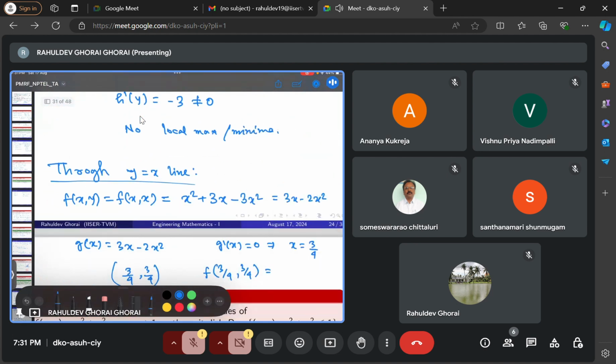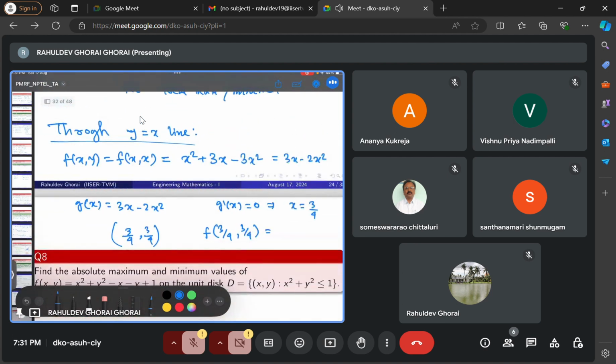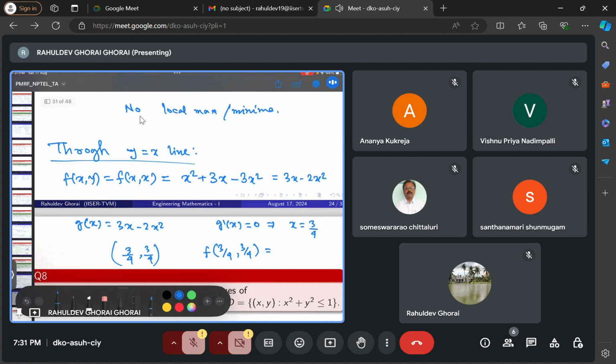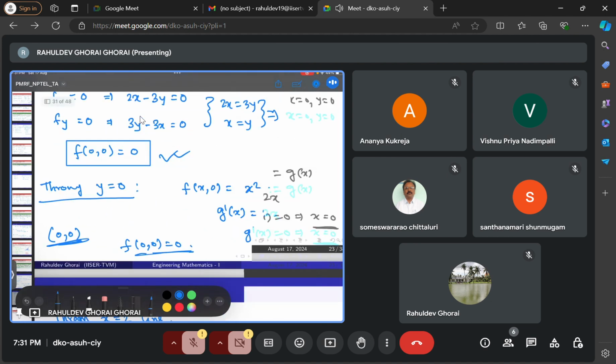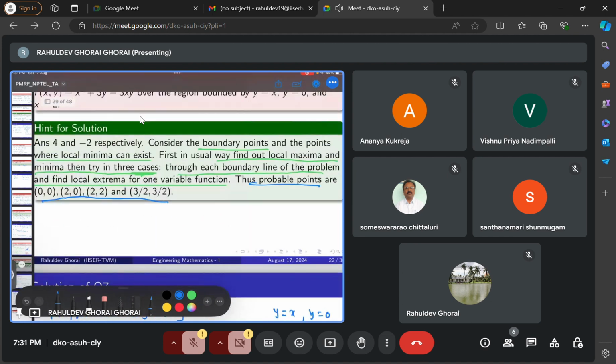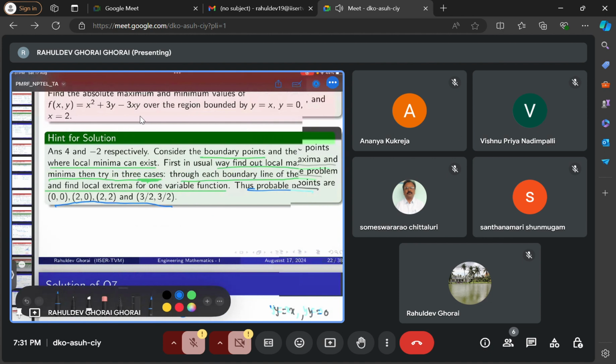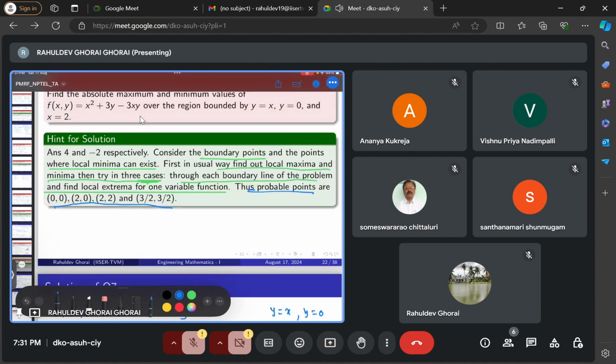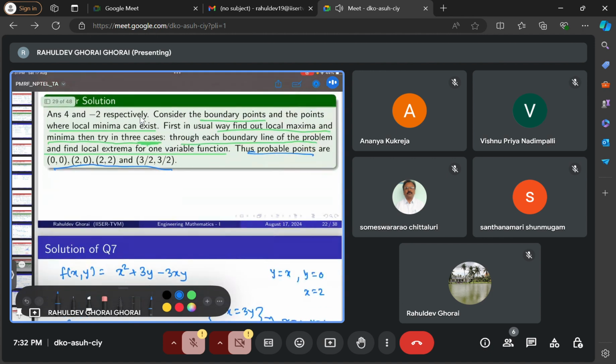Let me check whether I have made a mistake here. I don't know whether these are 3 over 2, 3 over 2. I think 3 over 4, 3 over 4, that is what I am getting.